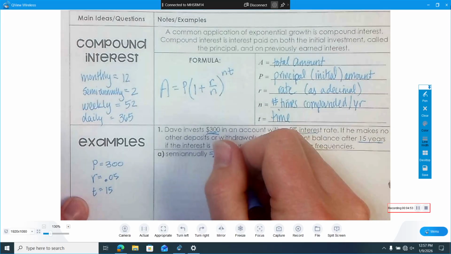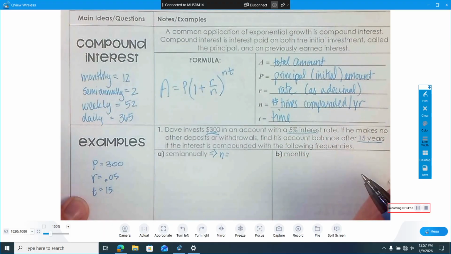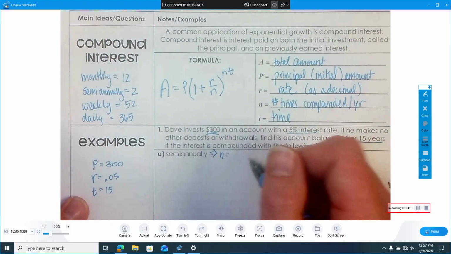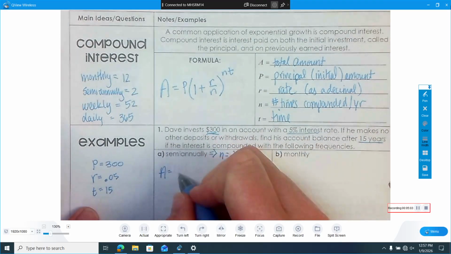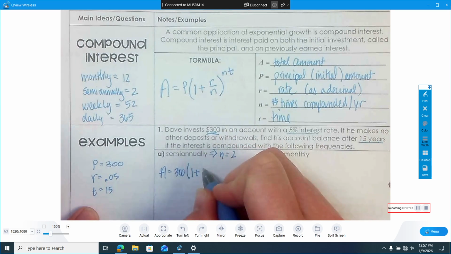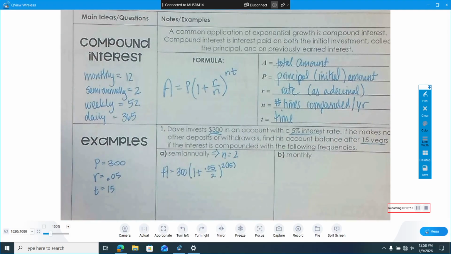And if it's semi-annually, that would be what information? N equals, it's semi-annually, how many times per year? 2. All right, so the formula would be A equals 300 times 1 plus 0.05 over 2 raised to the 2 times 15.